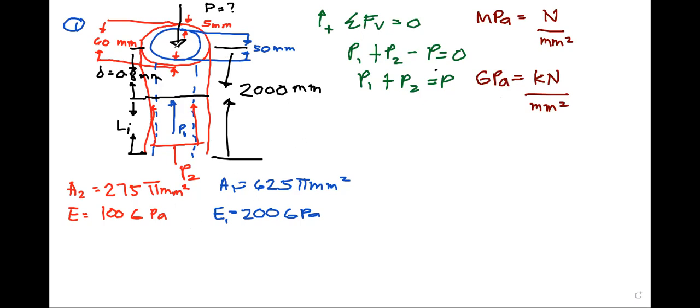Next, let's go to the compatibility equations, what is equal for our two materials. So, now, these are the equal ones. Of course, our deformation, guys, cannot be different. If the deformation of our cast iron is 0.8 mm, we can also say that the deformation for the steel bar is also 0.8 mm.